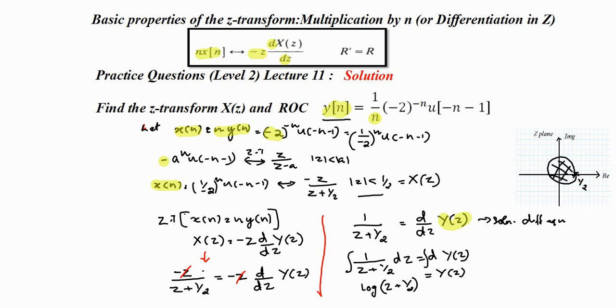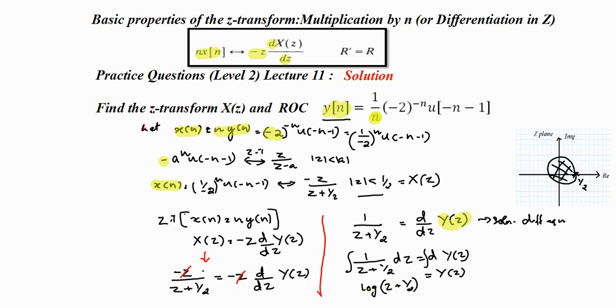So this is a very important question, you need to remember this. When there is 1 by n, the answer will be in log form. So y of z we need to find out. The question is y of n. So finally we'll get y of z is equal to log z plus 1 by 2. Always remember that when there is 1 by n, there is a possibility to get an answer in terms of log.